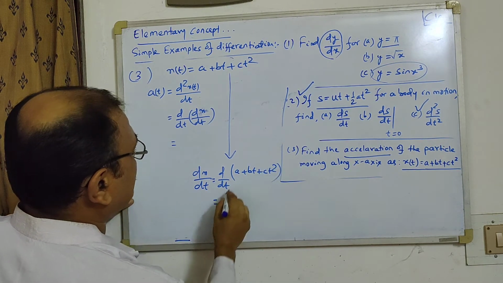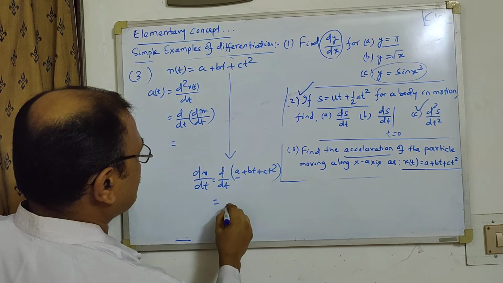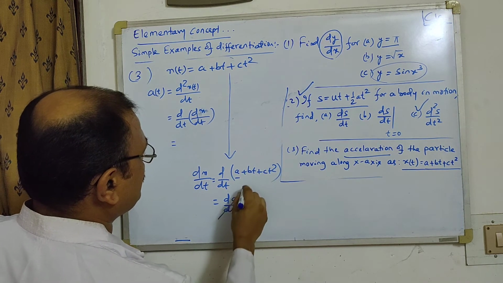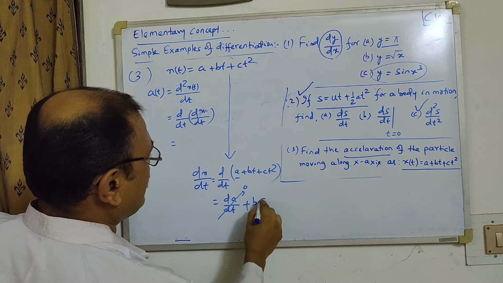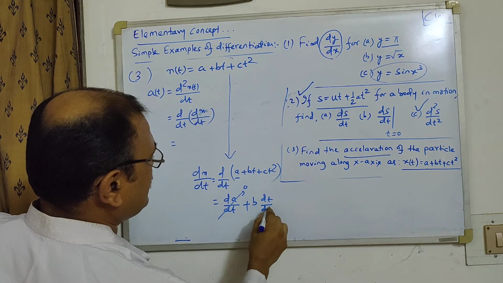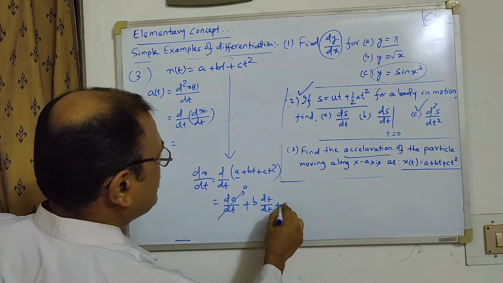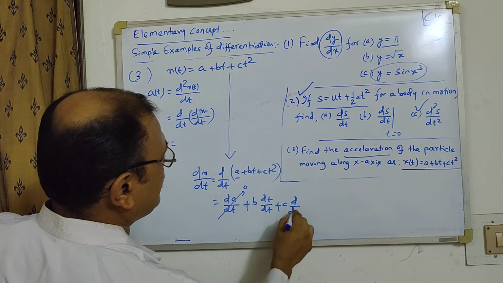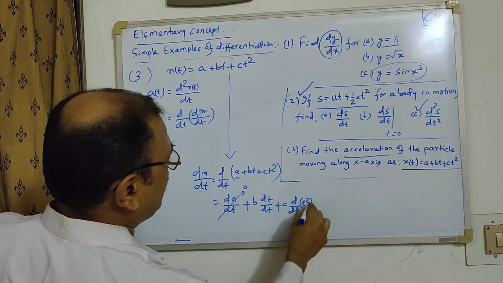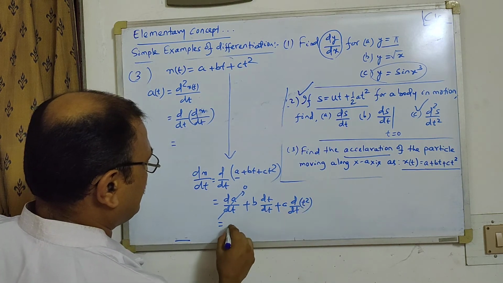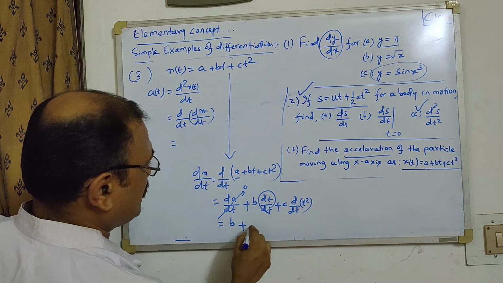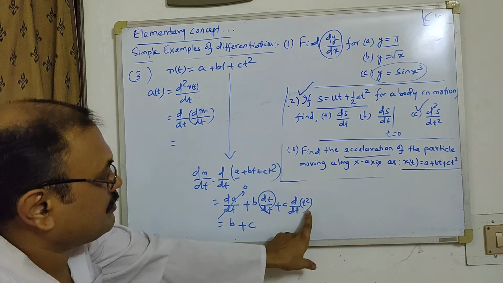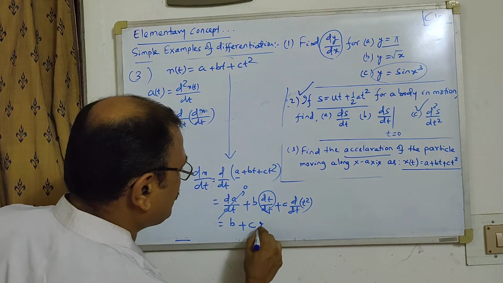Here a being constant, the first term da by dt gives 0, and the second b dt by dt, and the third one is c into d by dt of t square. So therefore this being 1, you are getting b plus c into the derivative of t square, which is how much? 2t.